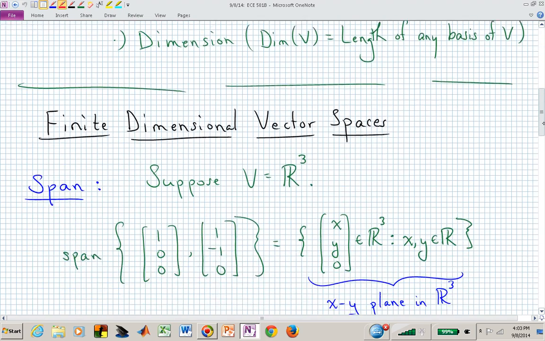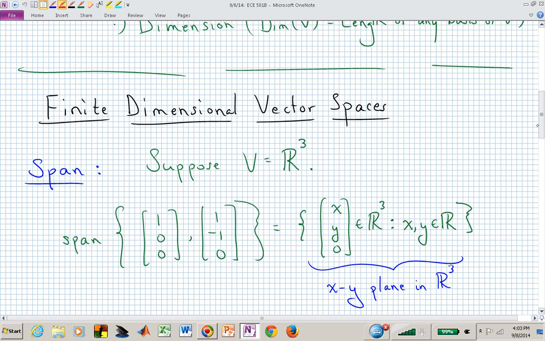As a review of the first part of Chapter 2, which is talking about finite dimensional vector spaces, let's talk about span. Suppose that the vector space that we're interested in is 3 space. You can think of it as this room.